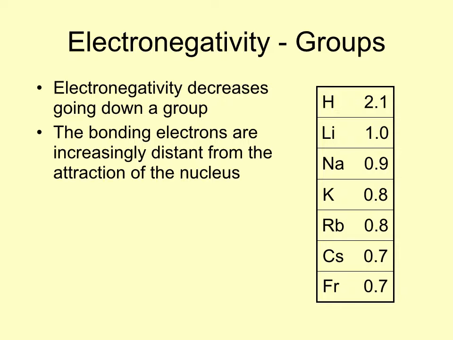Additionally, full energy levels will provide some shielding between the nucleus and the valence electrons, which also weakens the effective nuclear charge. One thing that's important to keep in mind is that only full energy levels, not full sublevels, are a concern when we're thinking about shielding.